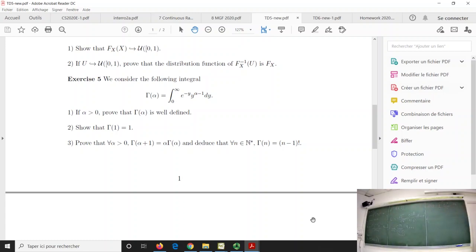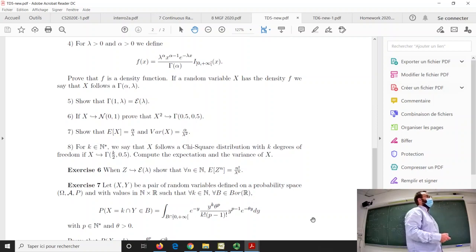So, there are two possibilities here in order to give you a hint. First possibility, you know your course. That is, we have seen together in class what is the density of the square of N(0,1).